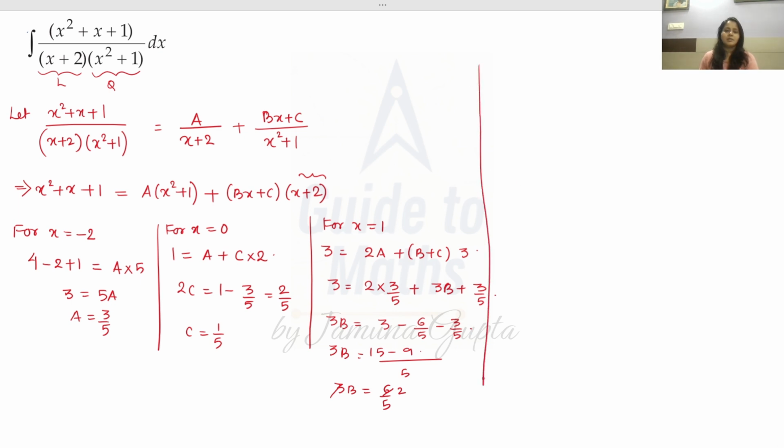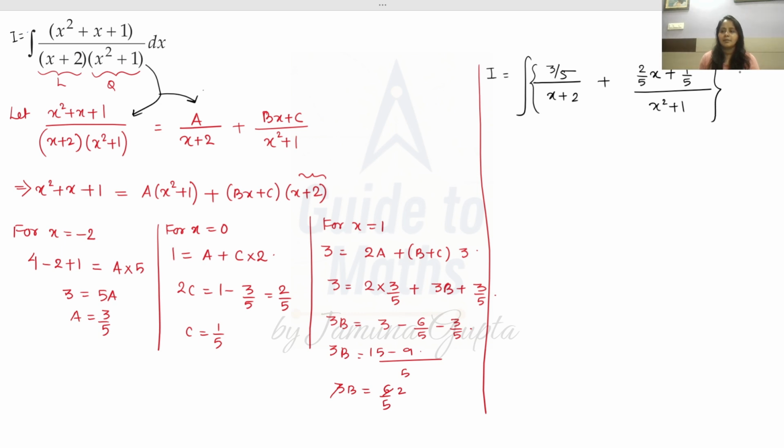So now substitute similarly like the previous one. So your integral I is equal to the integration of a, which is 3 by 5, divided by x plus 2, plus b, which is 2 by 5, x plus c, which is 1 by 5, whole divided by x square plus 1, whole dx.